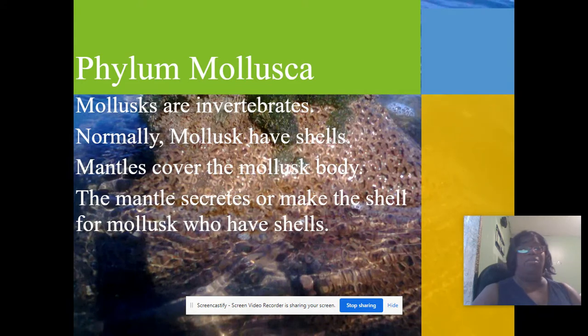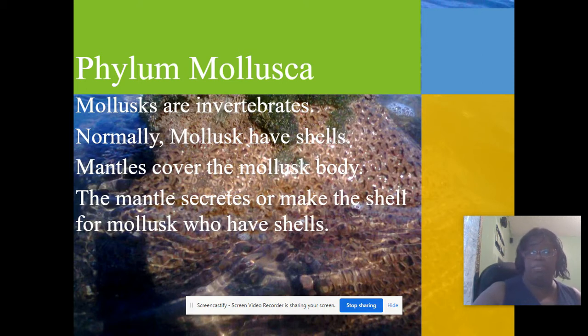Now, this is our new phylum that we're going to talk about today, and it's called phylum Mollusca. And we get a group of animals called mollusks, which are invertebrates. Normally, mollusks have shells. They have things called mantles that cover the mollusk's body. And for those mollusks that have shells, the mantle secretes, or makes, the shell for the mollusk.